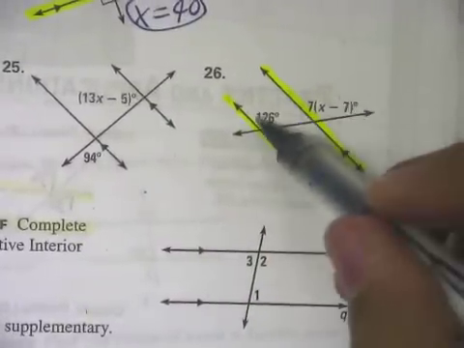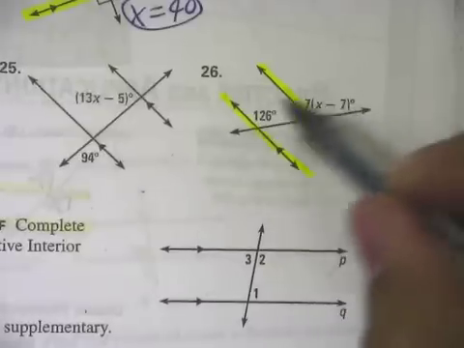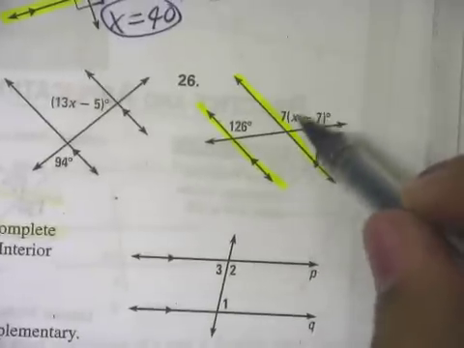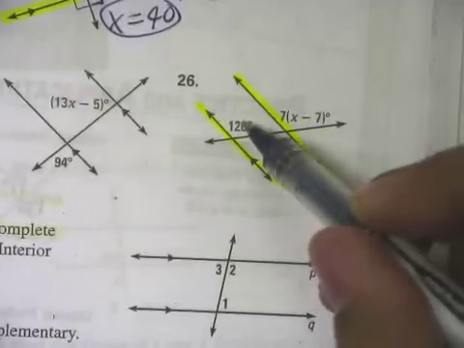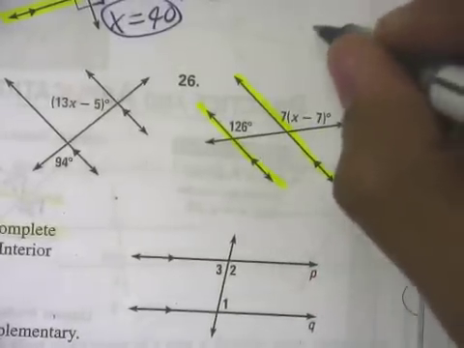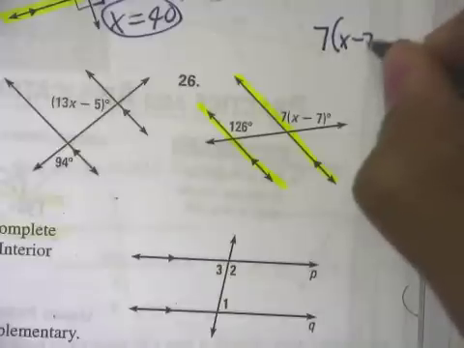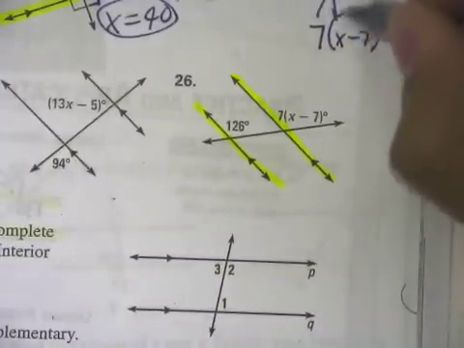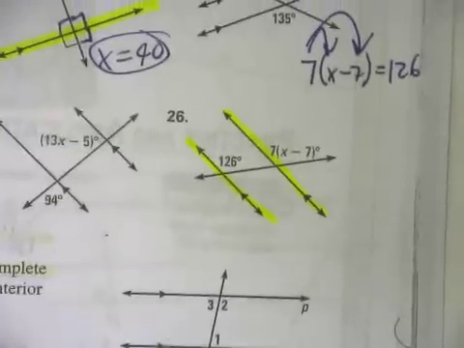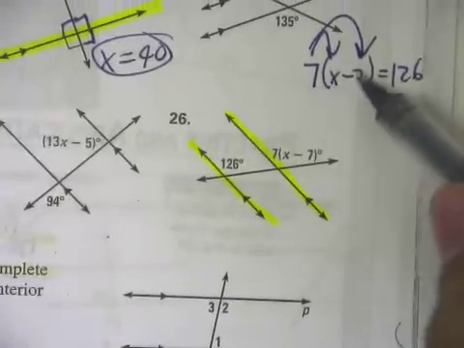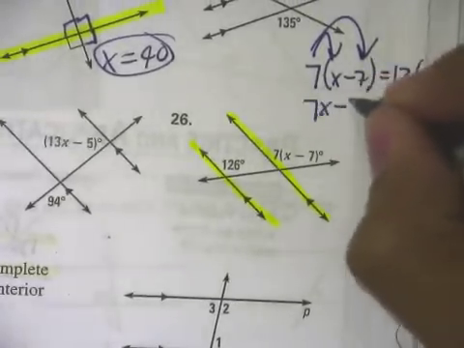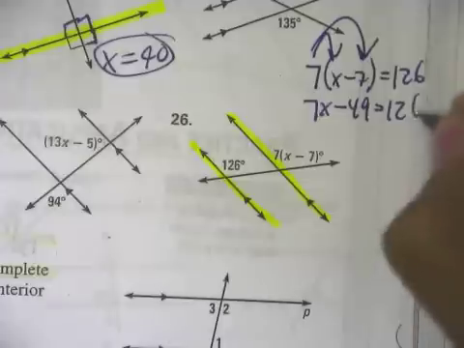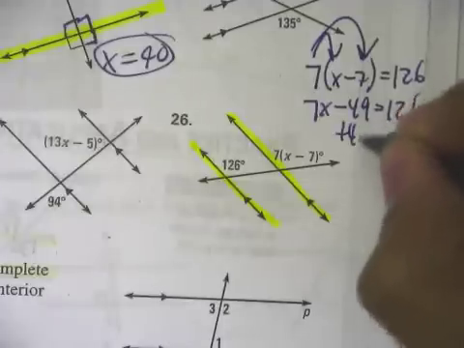And finally, here I have my two parallel lines. Here's my transversal. I hope we can tell that these are corresponding or matching angles. So I can say that 7 times x minus 7 is equal to 126 degrees. And all we have to do is a little distributing here, like in Algebra 1. Just distribute the 7.